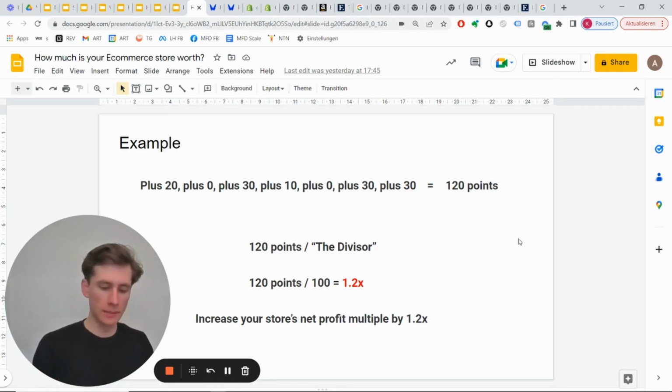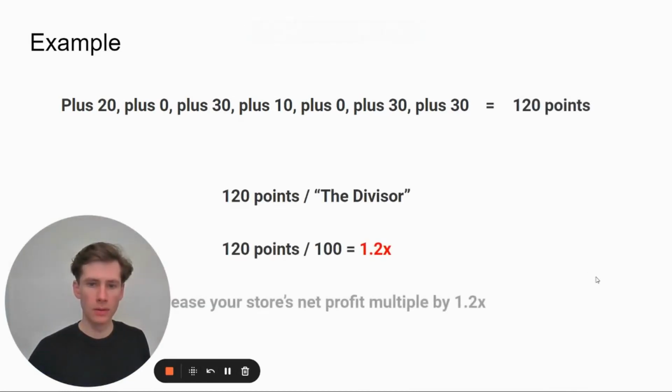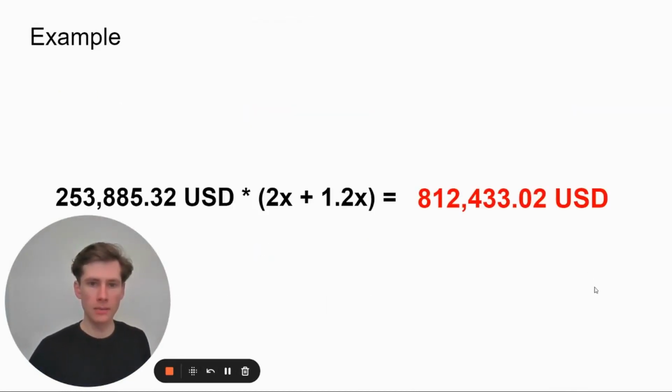So what does this mean? Let's click this through. If you remember from my initial example, this store was making roughly 250K in annual profits, and we started with a 2x multiple to be conservative. We can now add 1.2x.